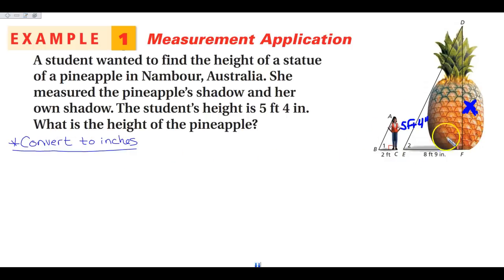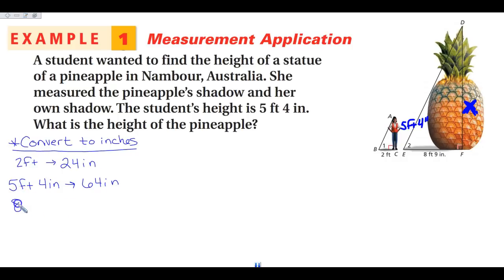So let's take a look at all of our measurements here. 2 feet in inches is going to be 24 inches, because remember, 12 inches in a foot, 2 times 12. All right, 5 feet 4 inches. 5 feet is 5 times 12, so that's 60 inches, plus 4 is going to be 64 inches.